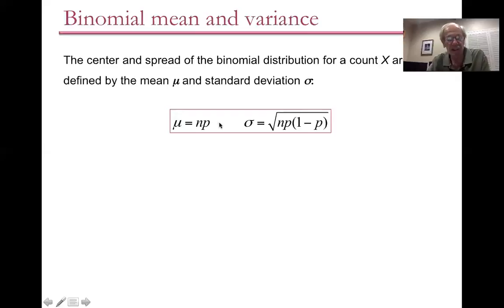Well, that's what this is. This is the expected number of games that you would win if you played the game n times and your probability of winning each time was p. On average, this is how many you would win.